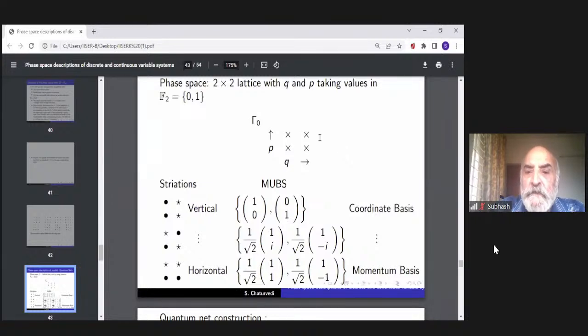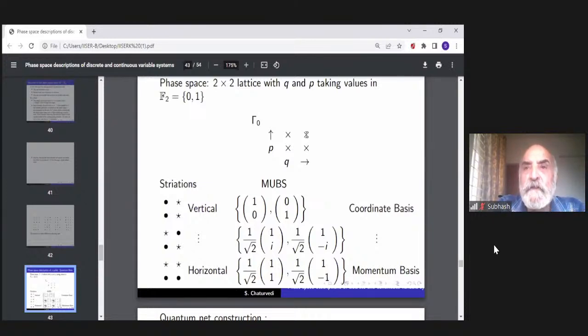You take a point, and the phase point operator at that point is given by adding up the projectors associated with the lines passing through that point minus I. That gives you the phase point operator associated with that point in the phase space.